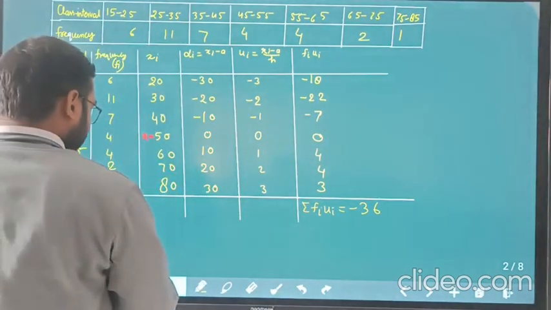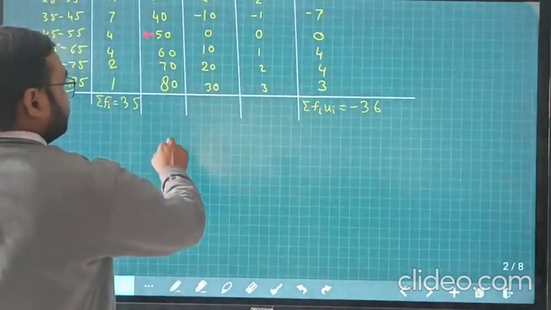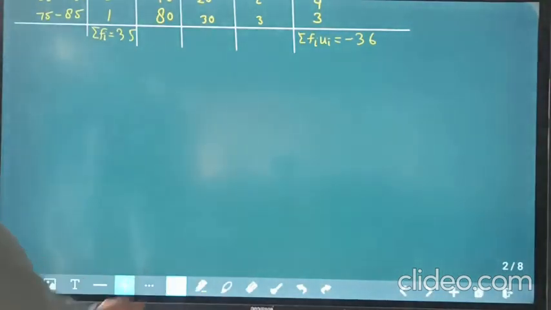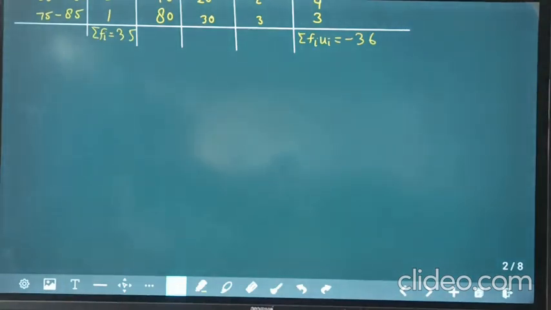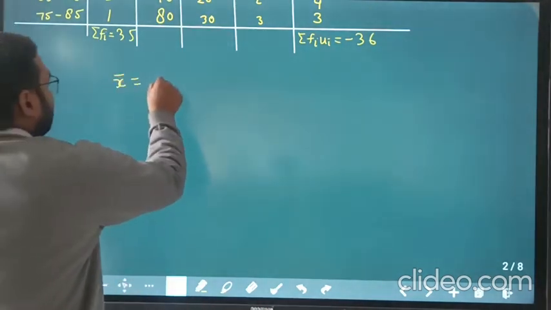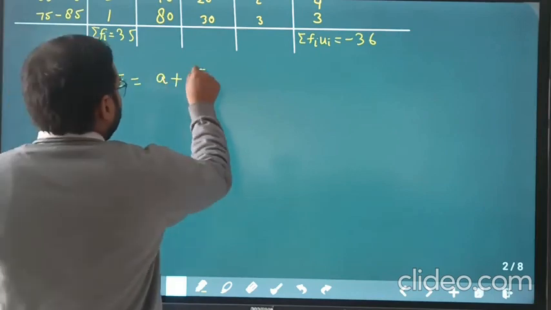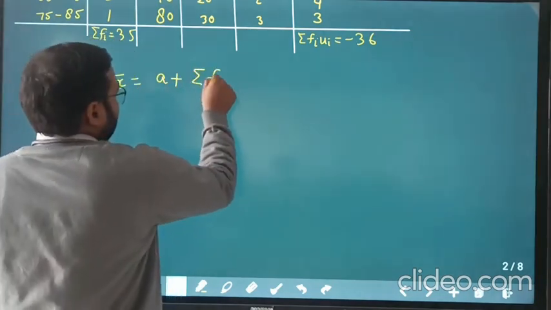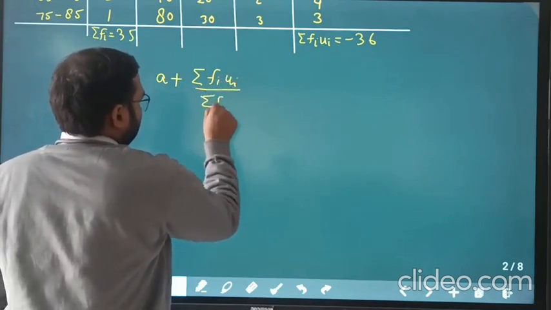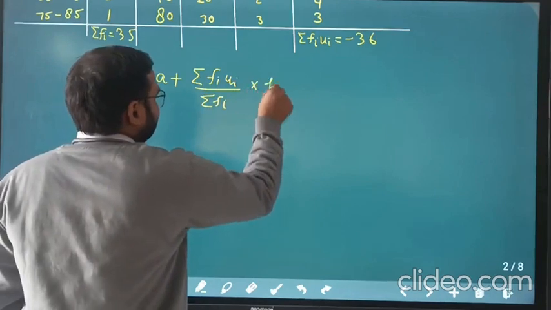Now we are going to use the formula. x bar is equal to a plus sigma Fi Ui upon sigma Fi into h.